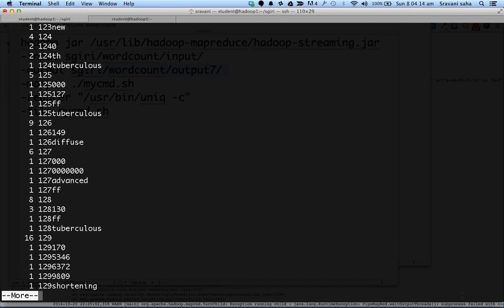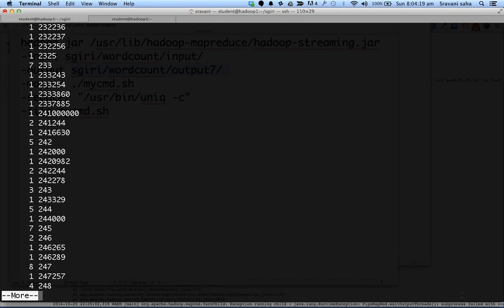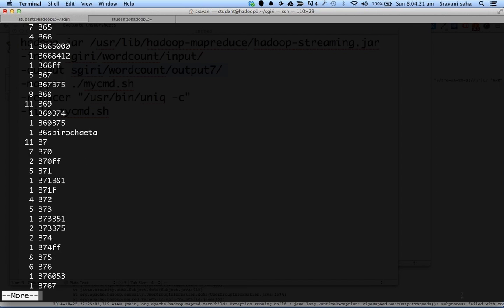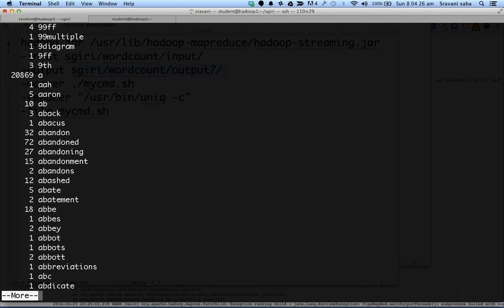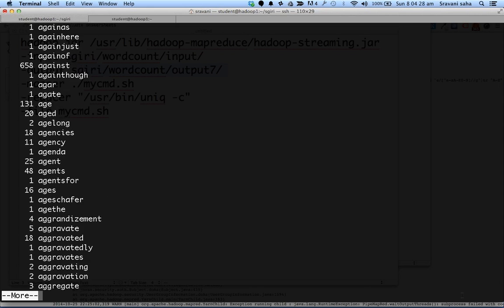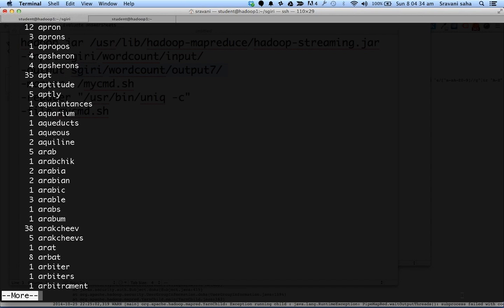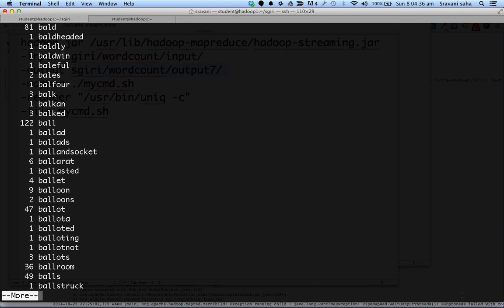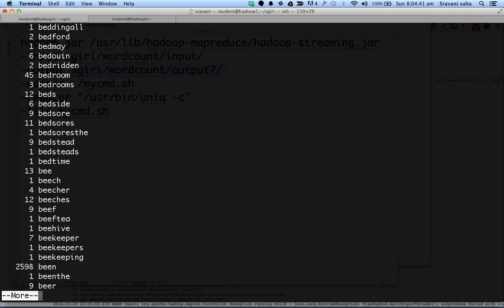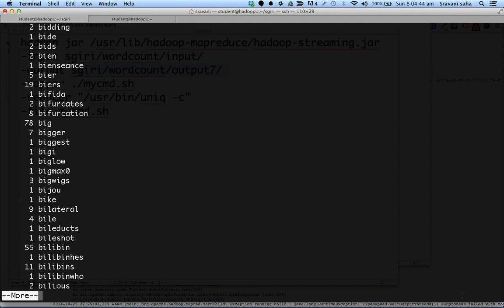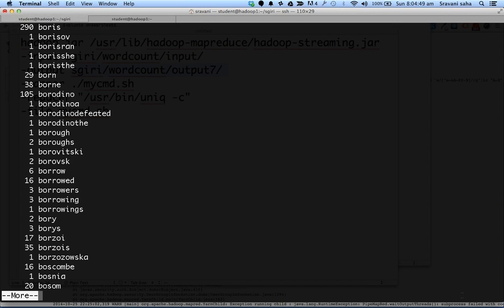All right, so there are numerals. Basically it converted everything into a clean format, and only words are left like this.